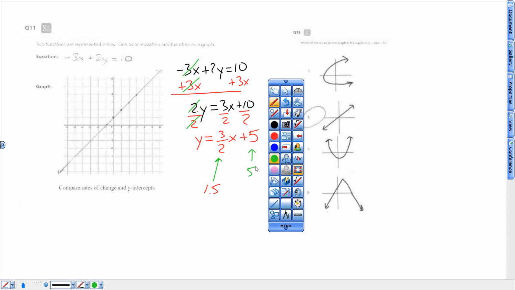My graph, here I go. The graph looks like my slope is over 1, up 1. So that's a value of 1. This one has a y-intercept of 1 right there, or 0, 1 on my graph. So I can see, looks like the equation has the bigger rate of change and the bigger y-intercept.